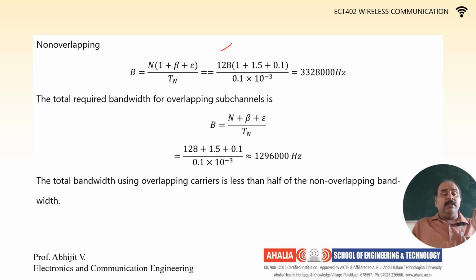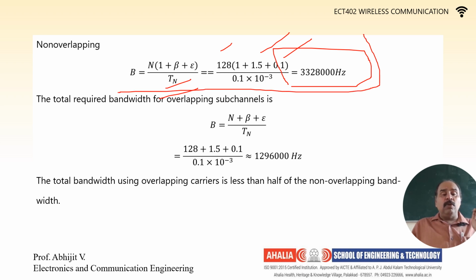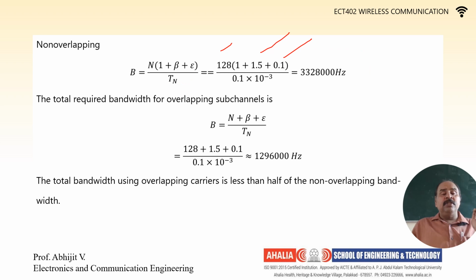N is 128, beta is 1.5, epsilon is 0.1, and you have been given the value of Tn. If you substitute these values, you will get 332,800 hertz. So this is what we get for non-overlapping subchannels. That means the total bandwidth B is divided into n subchannels where there is no overlapping between two channels.